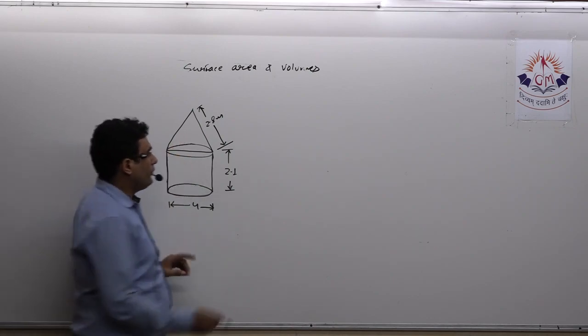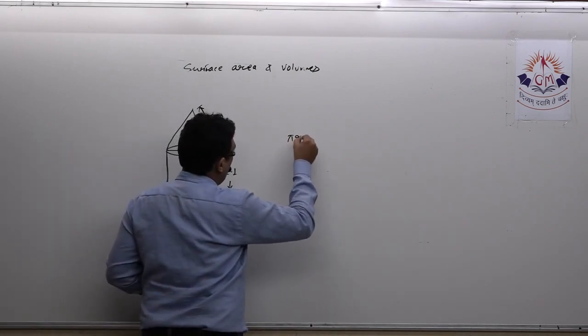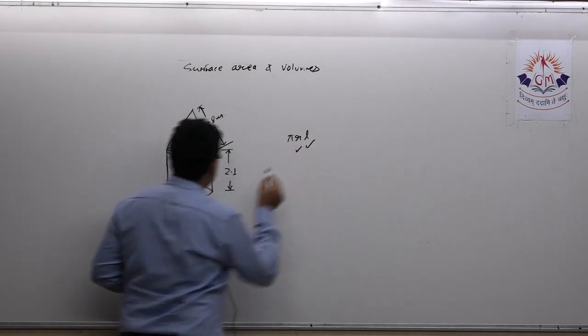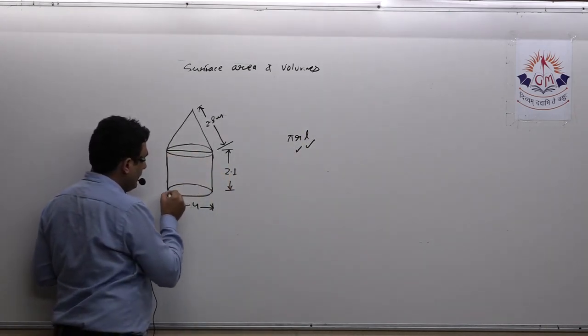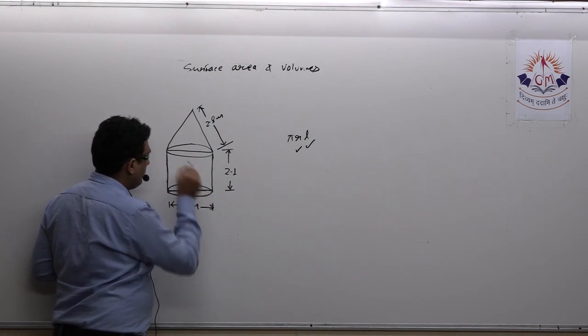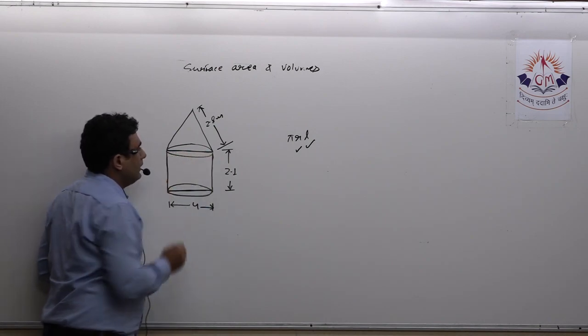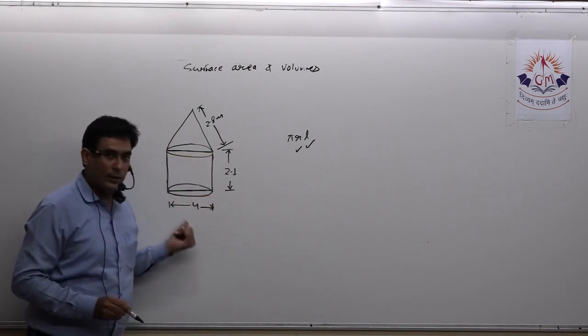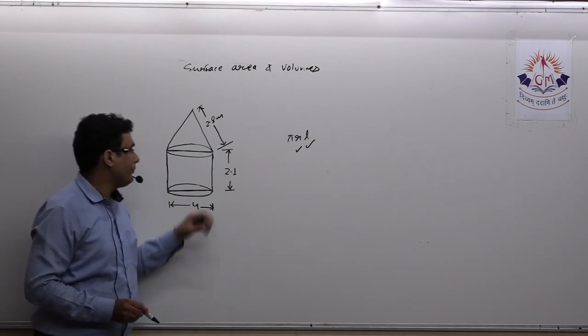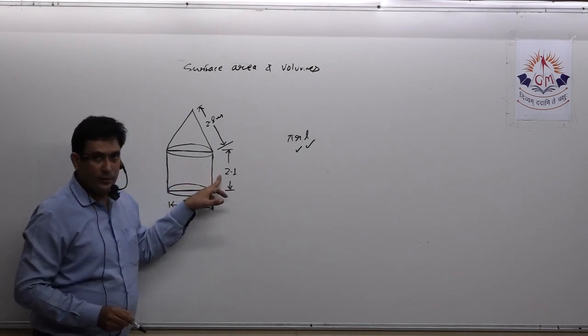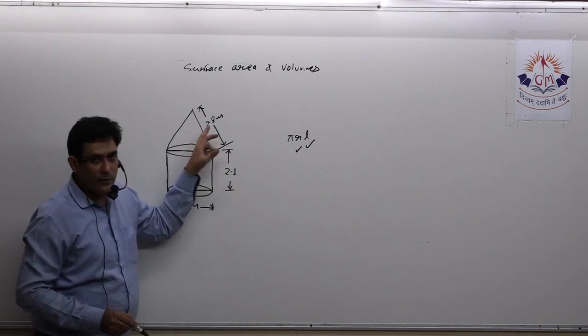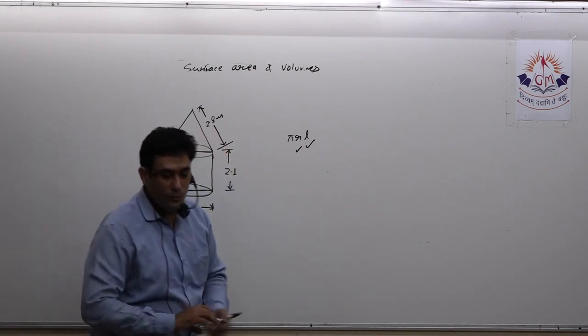Now for CSA of cone we have pi r L. So L is given, radius is given. Whatever is the radius of the cylindrical portion is the radius of the conical portion, so radius for these two is the same. Diameter is 4, radius is 2. For this, height is given. For this, slant height is given. So each and every variable is given to you directly.